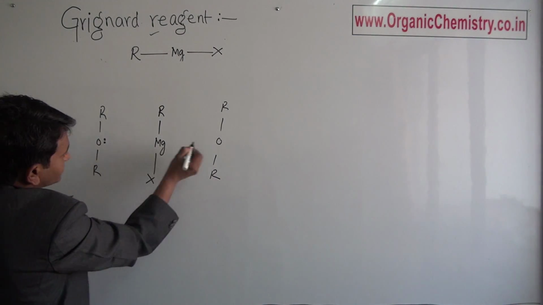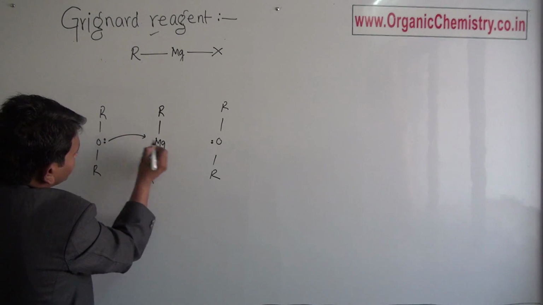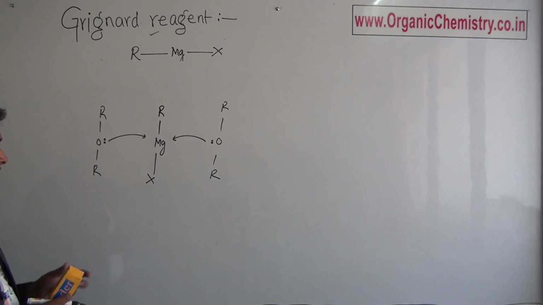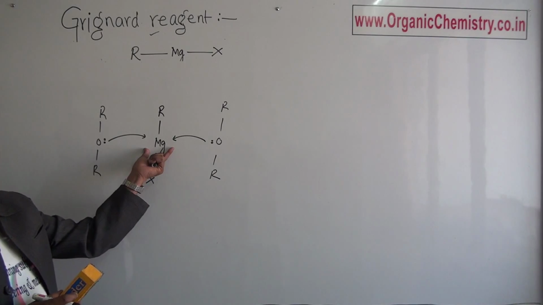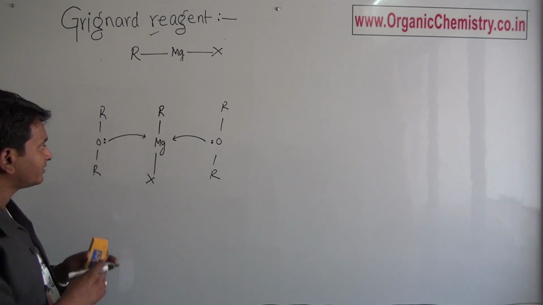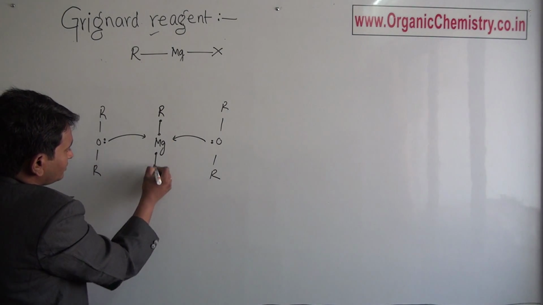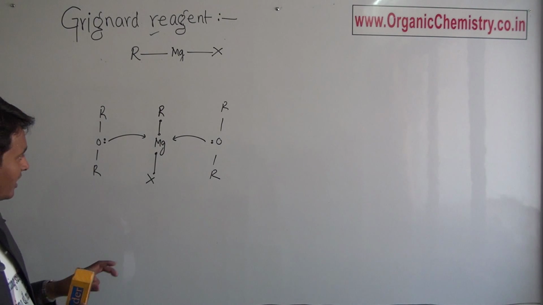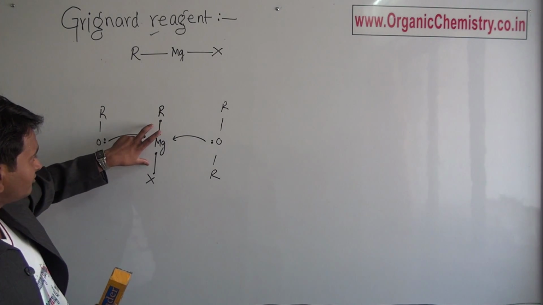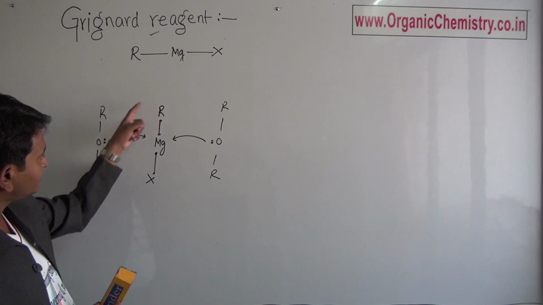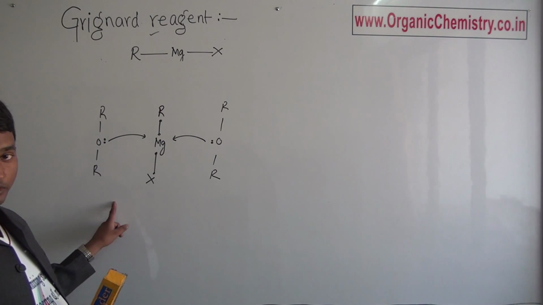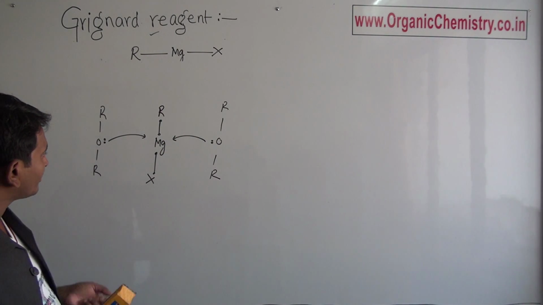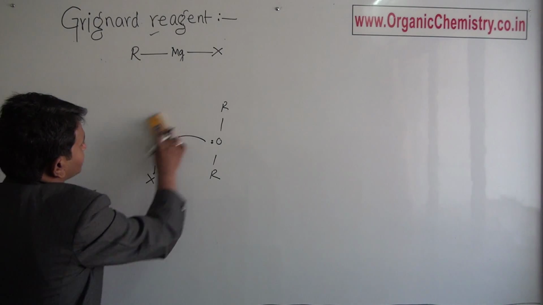The lone pair of oxygen gives electron density towards magnesium, completing its octet. So ether also acts as a stabilizing medium for RMgX, where this Grignard reagent is stable, along with providing a medium for this chemical reaction.